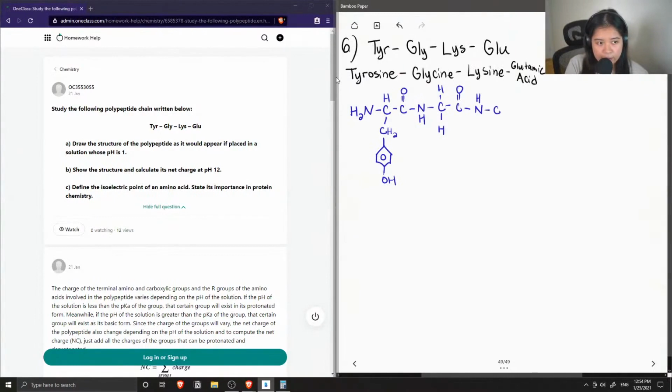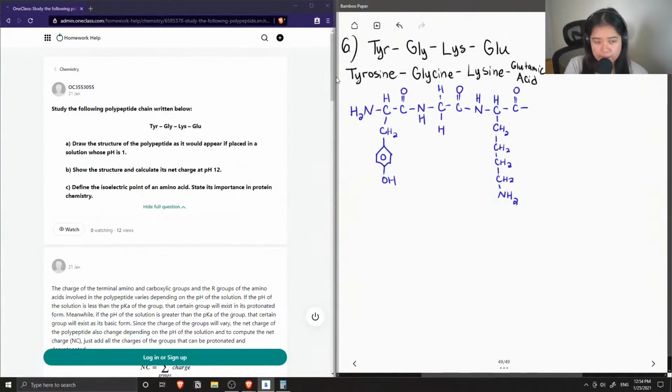And now if we were to draw its R group, I'm just going to draw its chain. I think it has a 4-carbon chain with an amine group at the end. And then I'll draw the carboxylic functionality of the lysine.